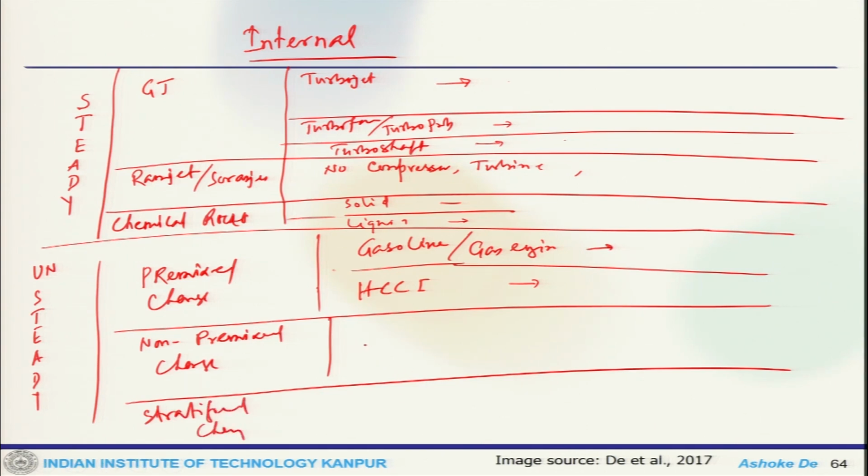In non-premixed charge, only air is compressed, fuel is injected into the cylinder, compression ignition system like a diesel engine, and in this case stratified partially premixed charge, equivalence ratio changes spatially. So, there are nice differences among all these different engines.